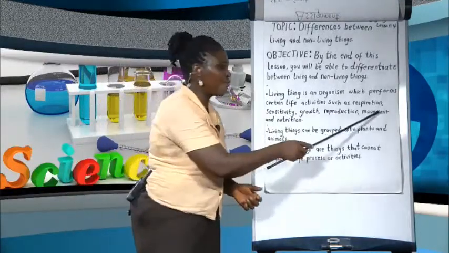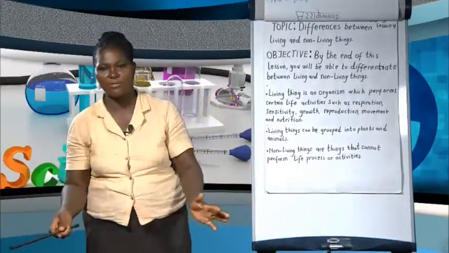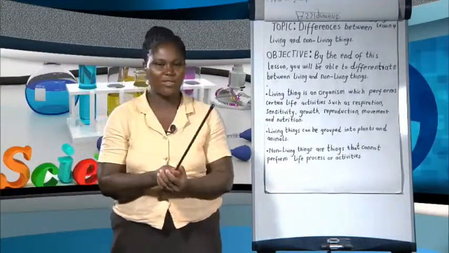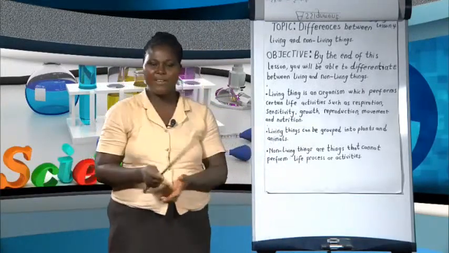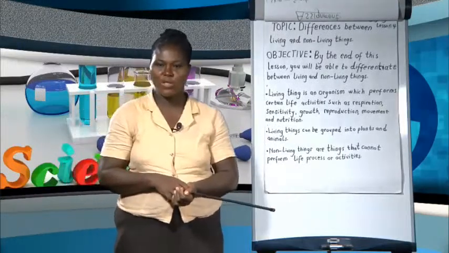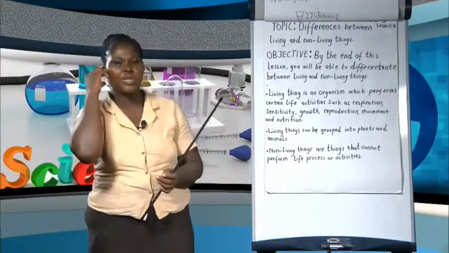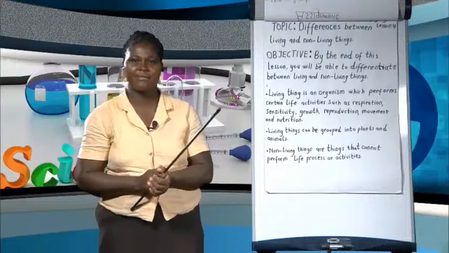Living things move on their own accord, but non-living things do not move. Living things feed, but non-living things do not feed. So these are the differences between living and non-living things.